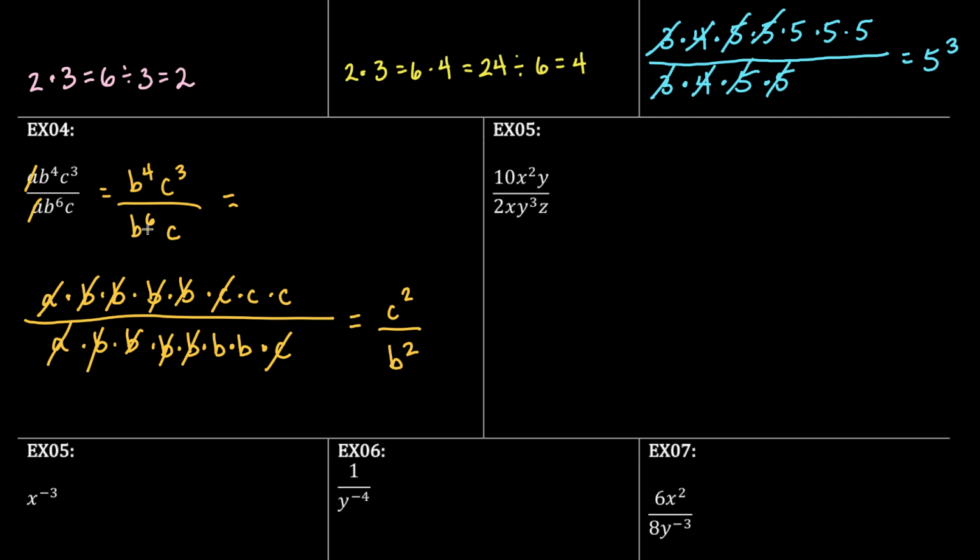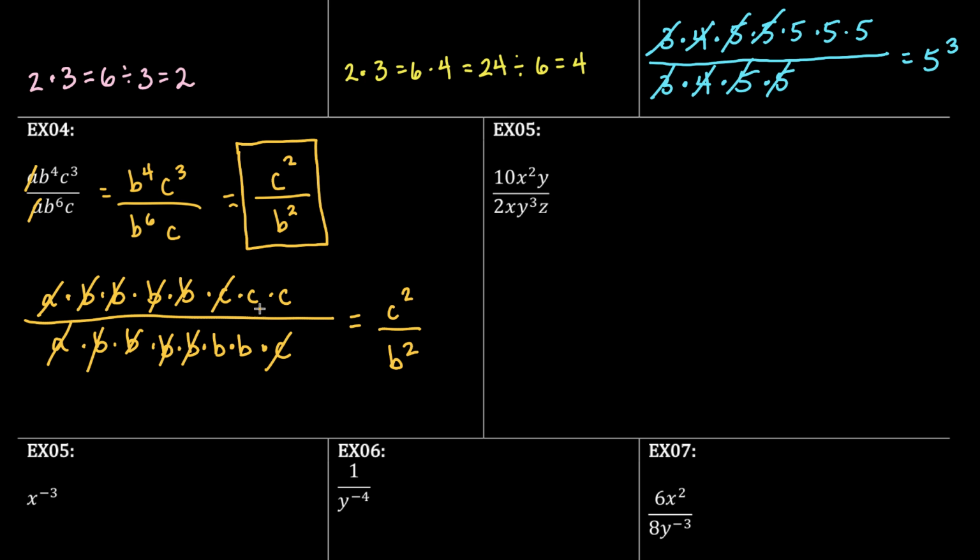How many are left over? 2. And are they on the top or the bottom? They're on the bottom. There's 2 left over on the bottom. And how many c's do I have on top? 3. How many c's do I have on bottom? 1. How many are left over? 2. That's it.